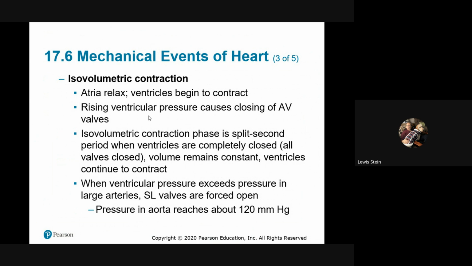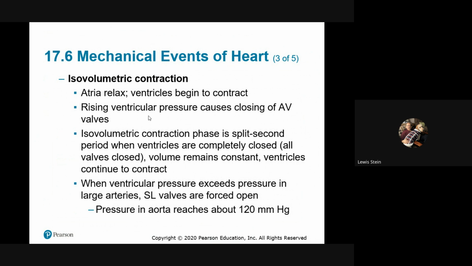The atria have already contracted. They're not allowing any more blood to come in. And so you have a closed chamber. As the pressure builds in that chamber and they're totally filled, what do they do? They push against those valves, the tricuspid and bicuspid valves, and slam them shut. First heart sound.